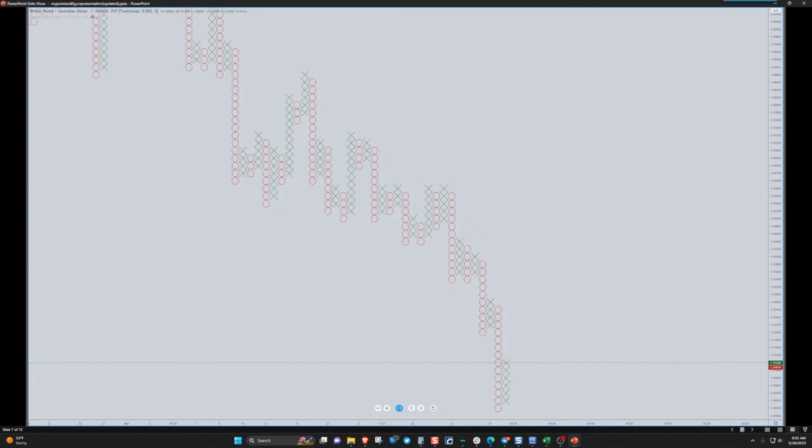X's show price moving up. So X's are like a green candlestick: the open is at the bottom, the close is at the top. And just like red candlesticks, in a column of O's the price starts at the top of the column and ends at the bottom. So X columns are prices moving up, O's are prices moving down.